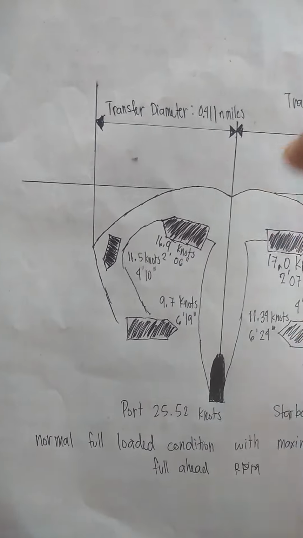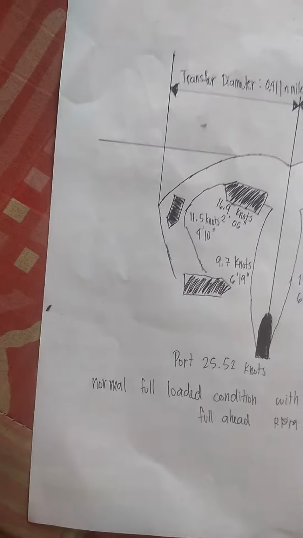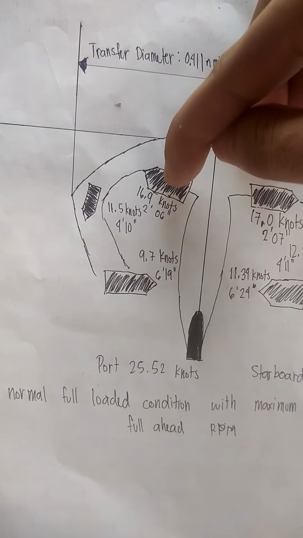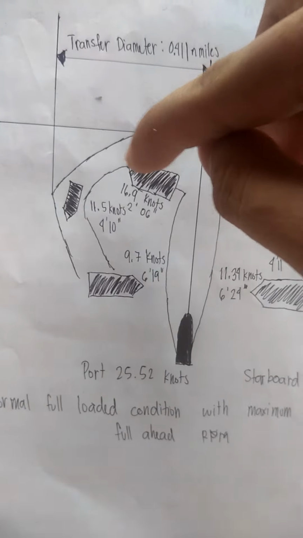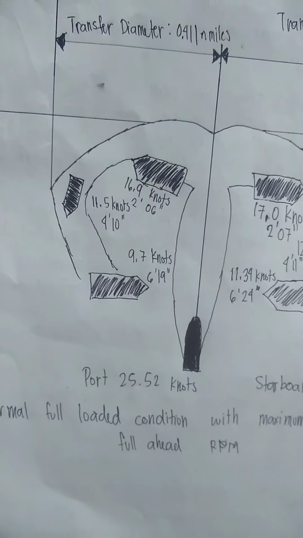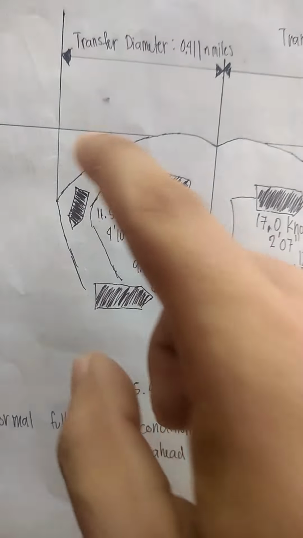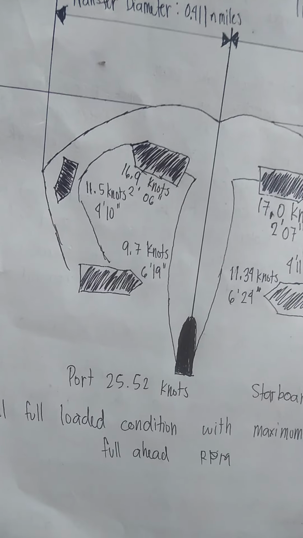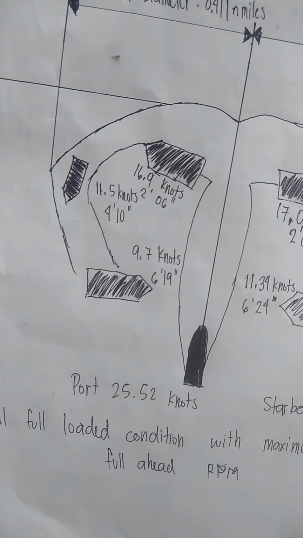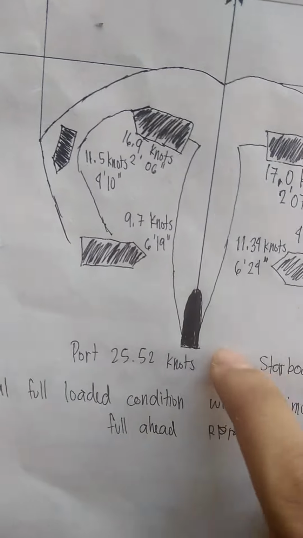Then on the port side, the speed is 16.9 knots, then 206 degrees. Then when it turns back it slows to 11.5 knots at 11 degrees.